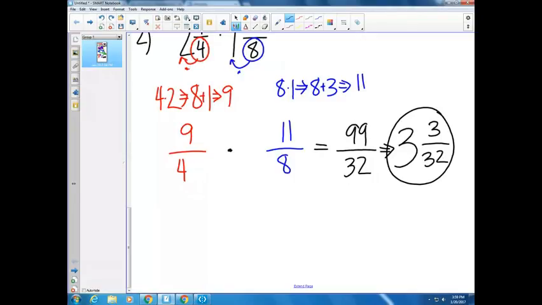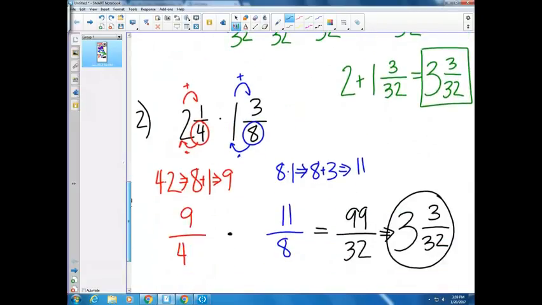Notice that this is the same answer that we got earlier using the other strategy as well. Either strategy, using the generic rectangle or converting to fractions bigger than 1, both give you the same answer. Both strategies work.